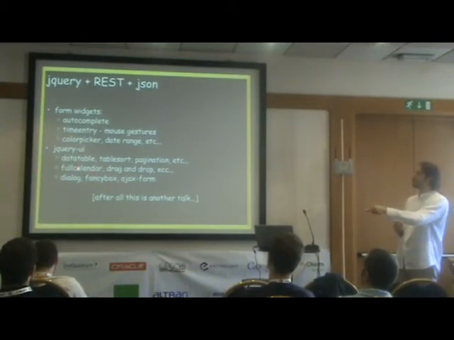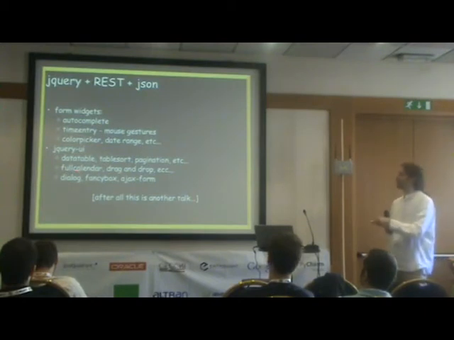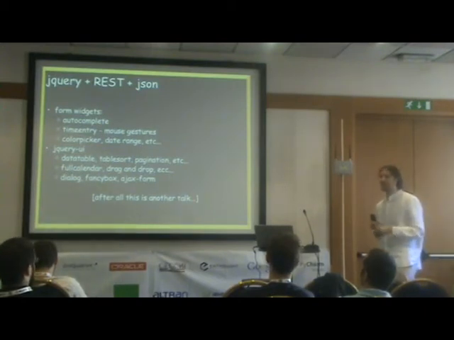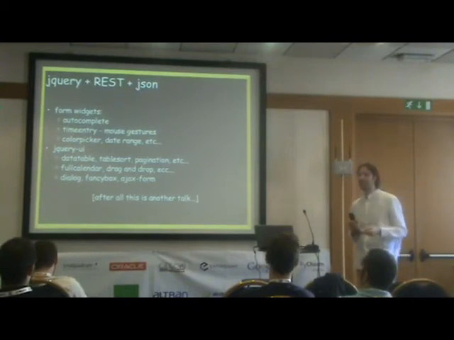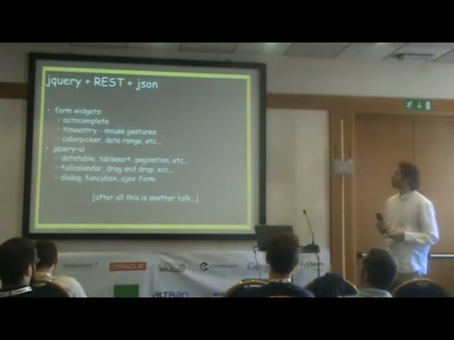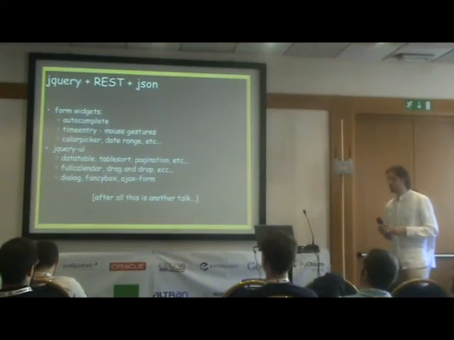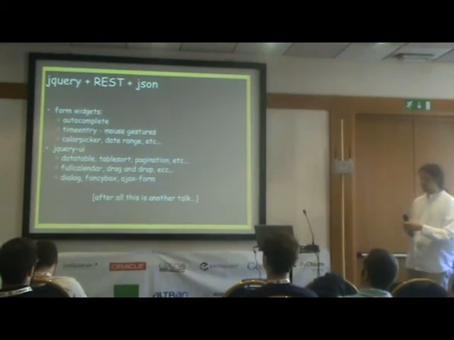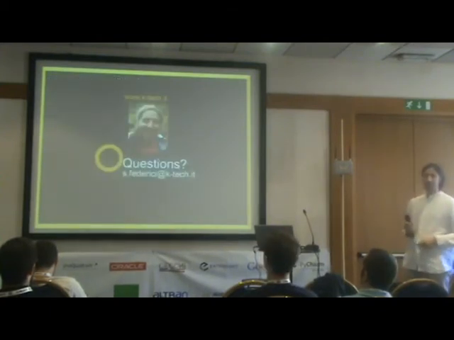A very good jQuery plugin that I use is Full Calendar. It's like Google Calendar, and you can drag and drop events from one date to another date. So it's very, very powerful. That's it. Let's finish.